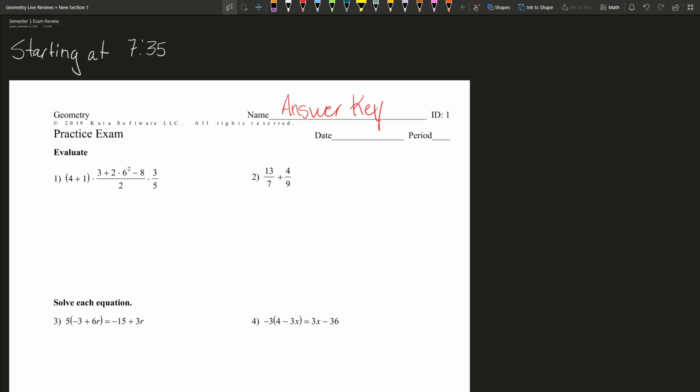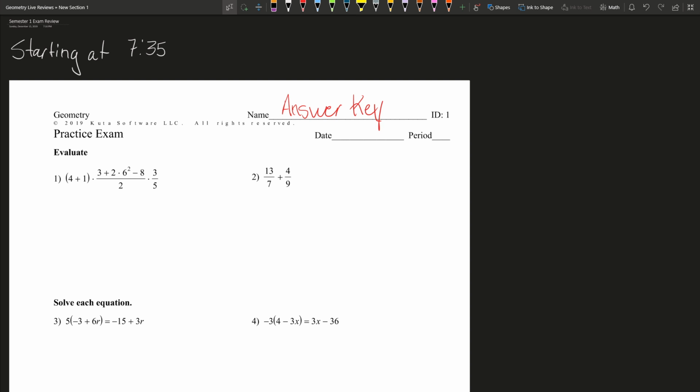All right. This exam is cumulative. So everything from order of operations, everything from the first review test, so equations of lines, solving equations, evaluating order of operations, all the way to parallel lines with transversals and using proofs.